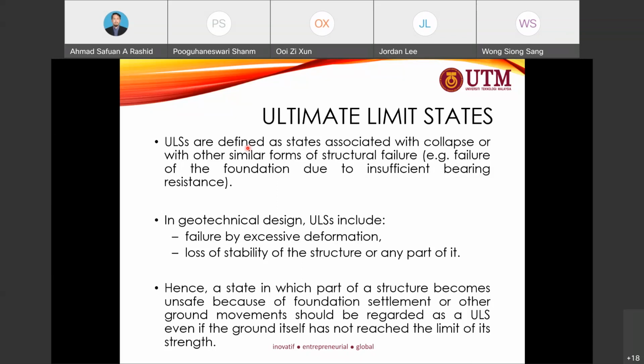Hence a state in which part of the structure becomes unsafe because of foundation settlement or other ground movement should be regarded as a ULS, even if the ground itself has not reached the limit of its strength. So if the ground movement is very huge, it can be considered under the ultimate limit state.